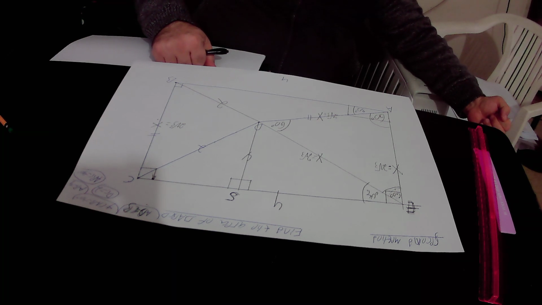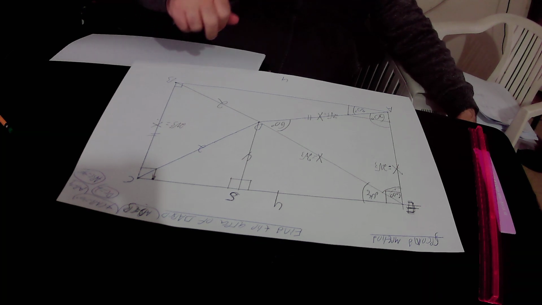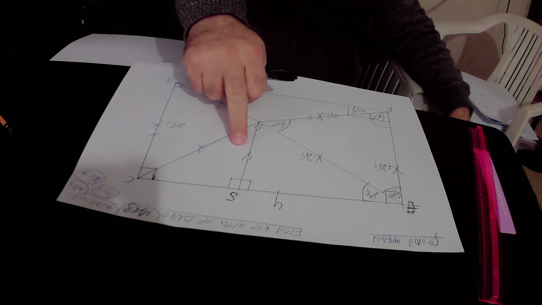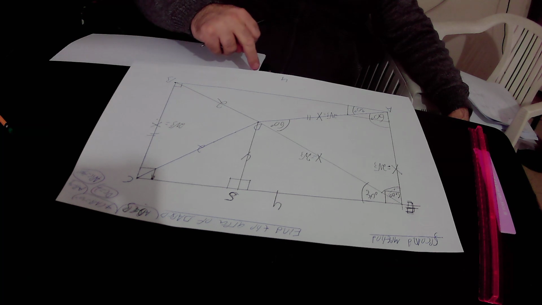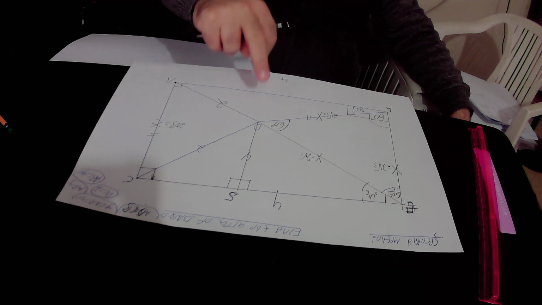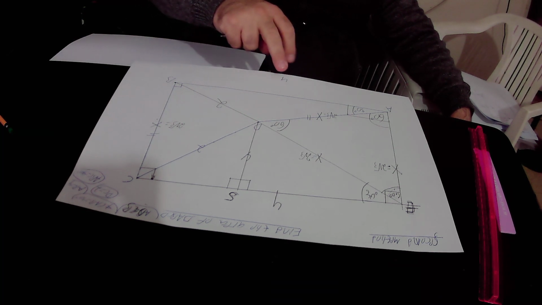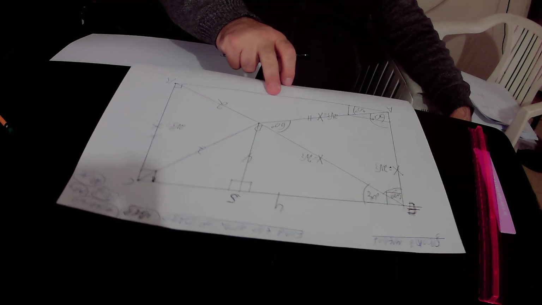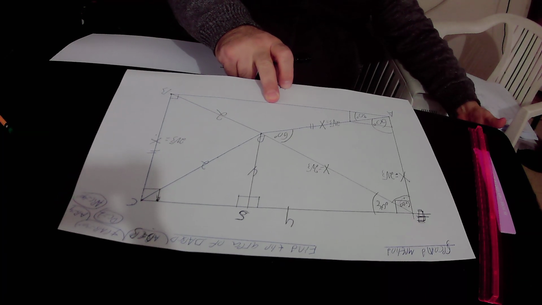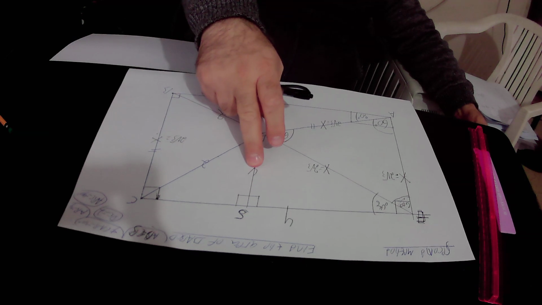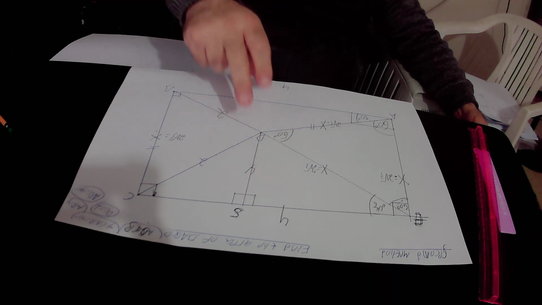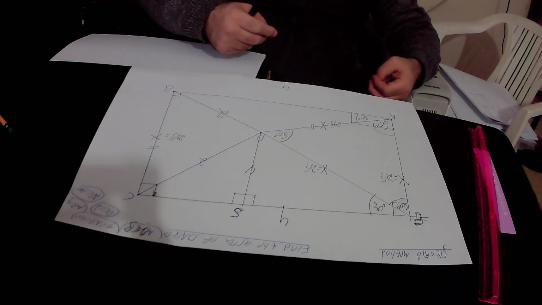Actually, we found out the area of triangle CDE. But because the area of triangle CDE must be equal to the area of triangle ADE, because those two triangles can go into each other, therefore they have also the same areas.